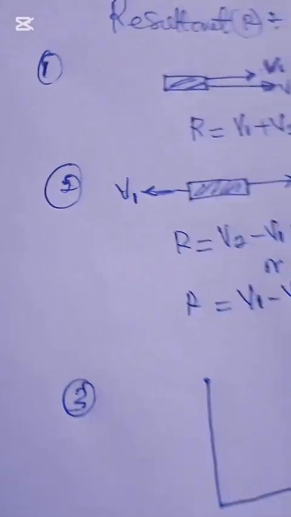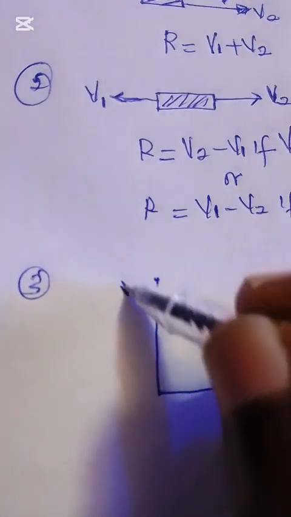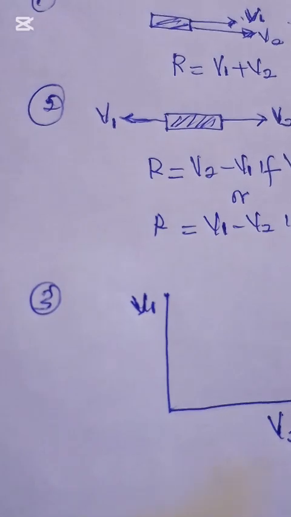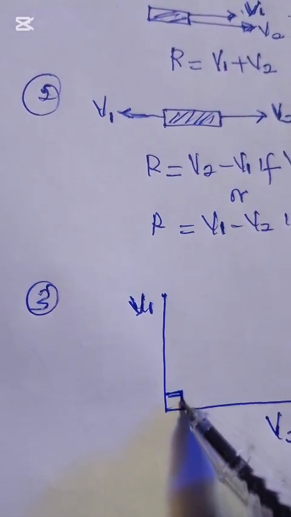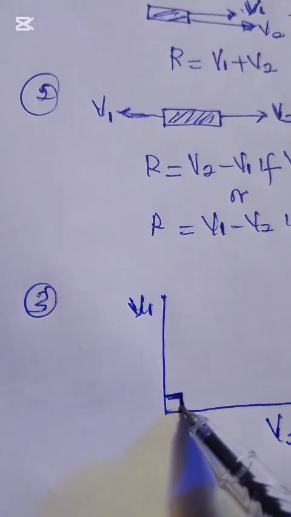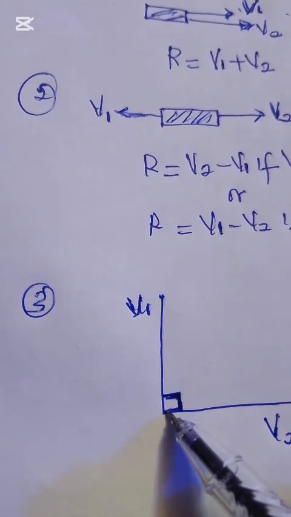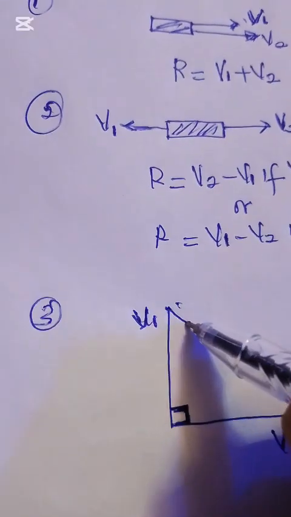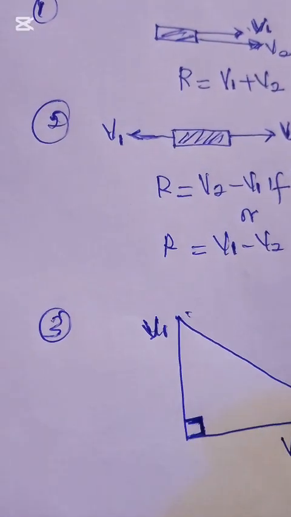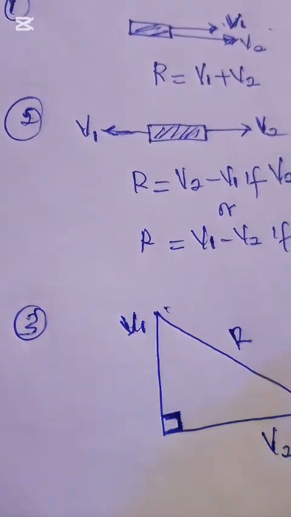This is vector v2 and this is vector v1. As you can see above, the angle between the vectors is 90 degrees. That is what I mean by perpendicular or at right angles. If the angle between the vectors is 90 degrees, simply use the Pythagoras theorem to get the resultant. So this becomes the resultant.